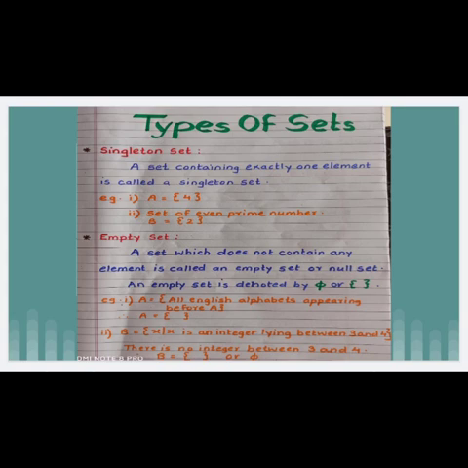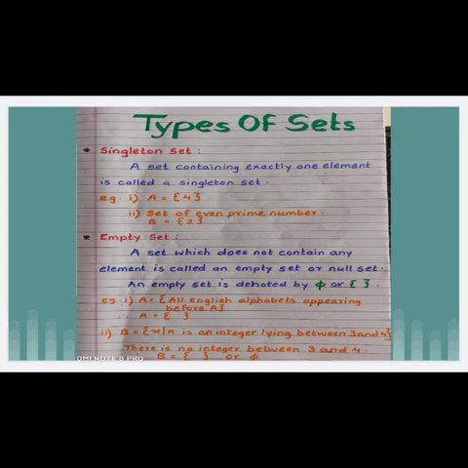Second type, empty set. A set which does not contain any element is called an empty set or null set. An empty set is denoted by the letter phi, this sign, or empty curly brackets.